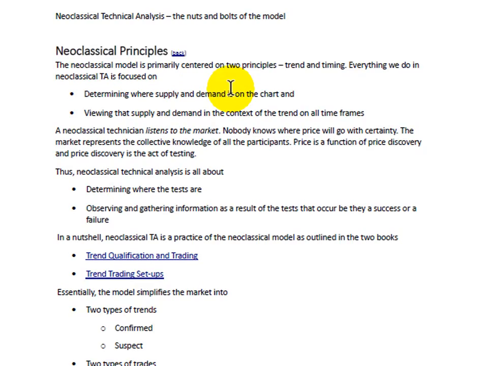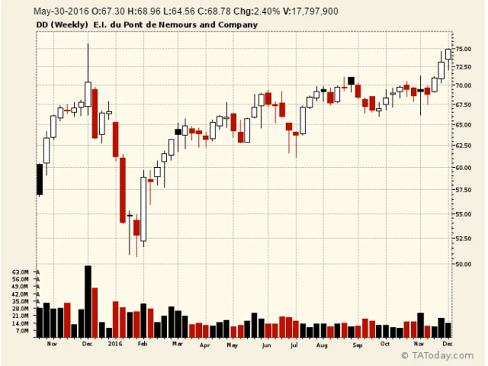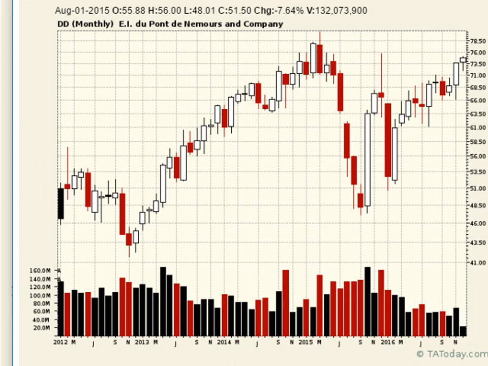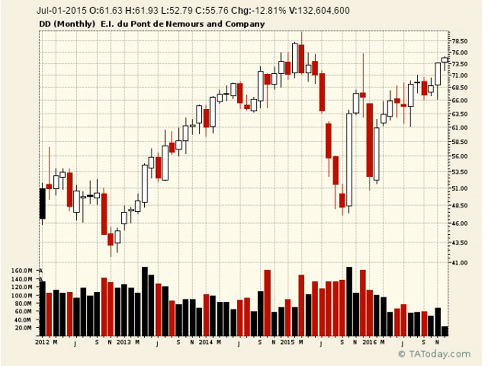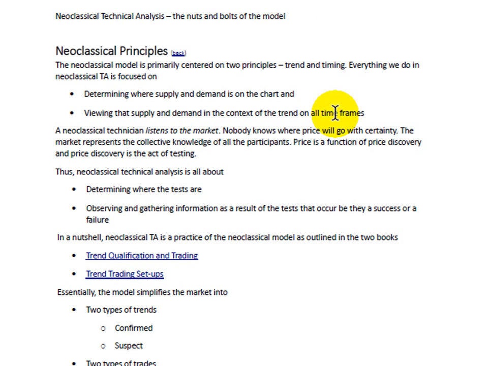And if we can view that supply and demand on the various time frames, and what I mean by time frames is, here's a weekly chart, exactly the same thing. Here's a monthly chart, exactly the same thing. If we can view that across all those time frames and figure out where supply and demand is, we're going to have a much better chance of understanding whether people are really buying this thing or selling it.